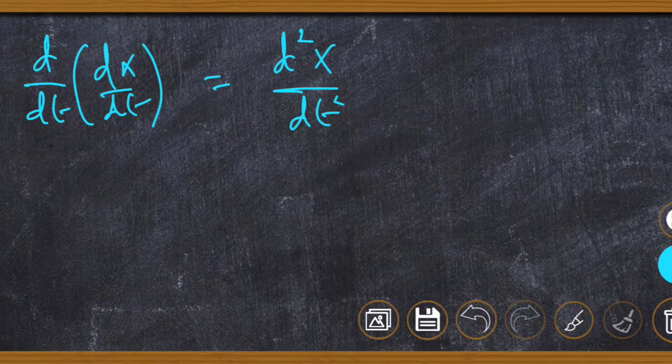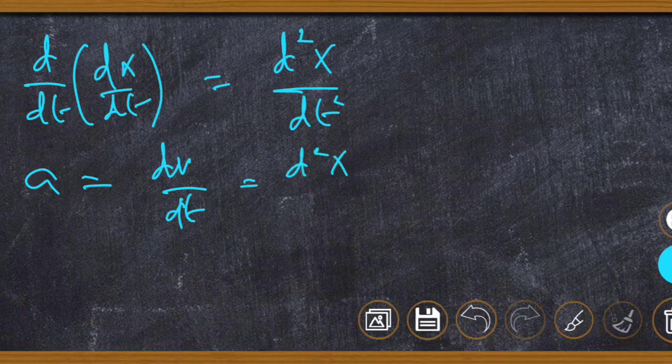Simply means we can express instantaneous acceleration as dv over dt, which is also equal to d2x over dt square.